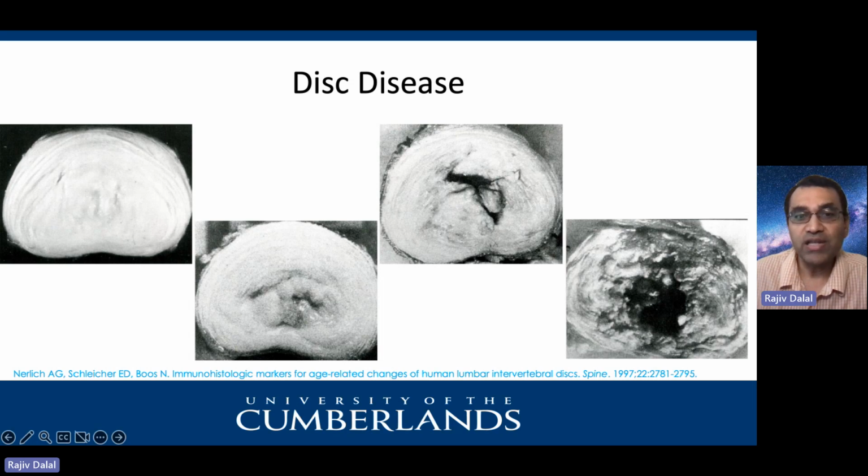And so what happens now is that it triggers a sense of degeneration within the disc. So you can see this disc here, there's a lot more involvement, especially here in the nucleus pulposus. And you can see that there are more areas that are disrupted and do lead to potential pathological presentation.